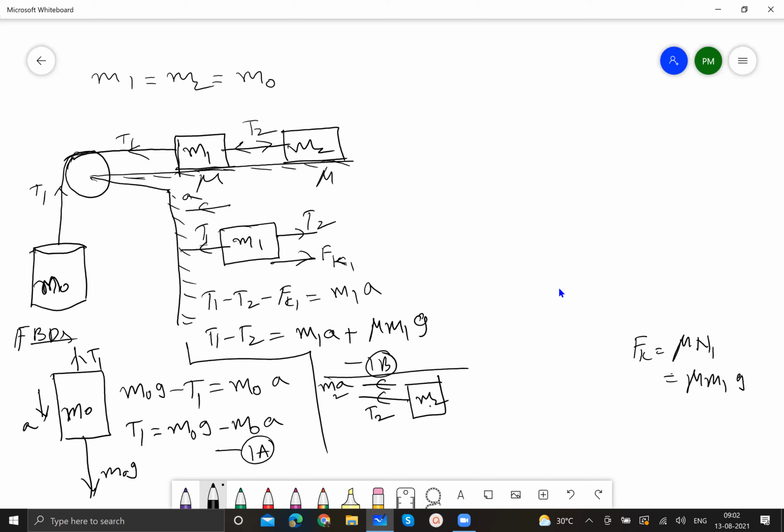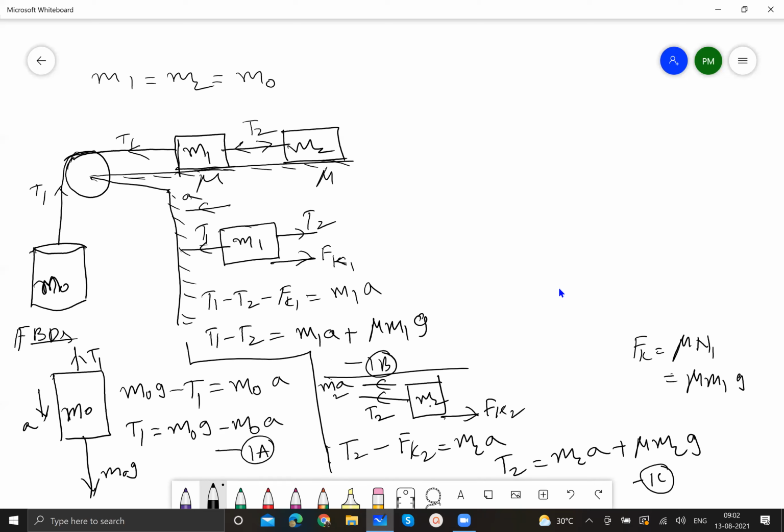This is the accelerating force, and no other tension is there, only frictional force. So I get T2 minus Fk2 is equal to M2A. Therefore, T2 will be M2A plus mu M2G. You should have lots of patience to solve this type of problems.